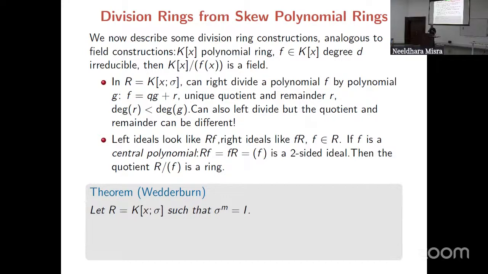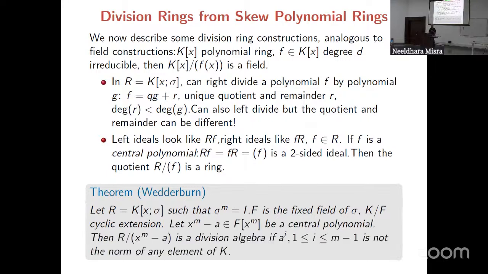It's not a hard theorem. What it says basically is that if R is the skew polynomial ring where sigma is an automorphism whose order is m, and F is a fixed field of sigma, and K over F is a cyclic extension. That means the only automorphisms with F as fixed field are powers of sigma.